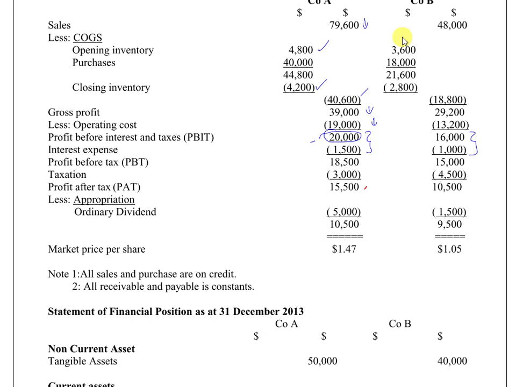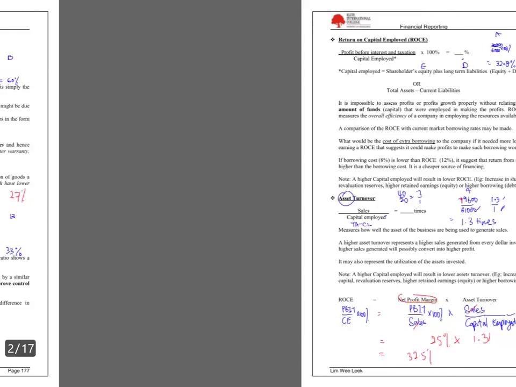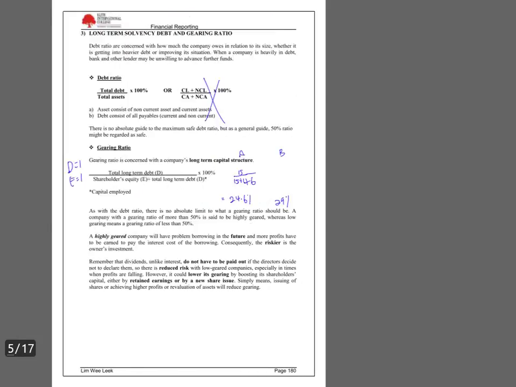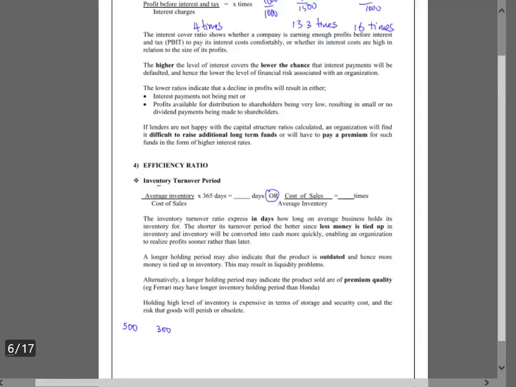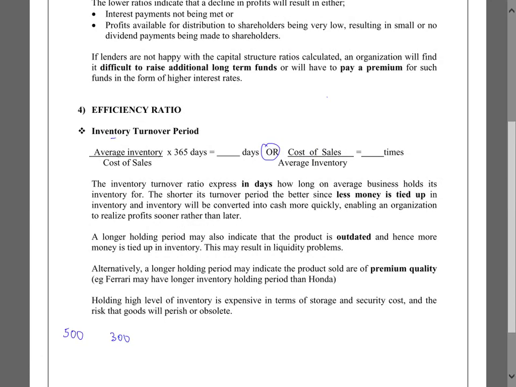Times 365. How many days? 40 days. A is 40 days.